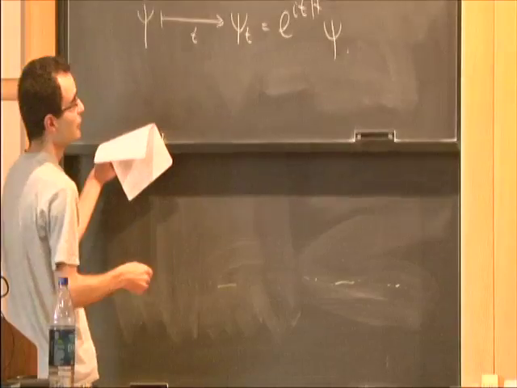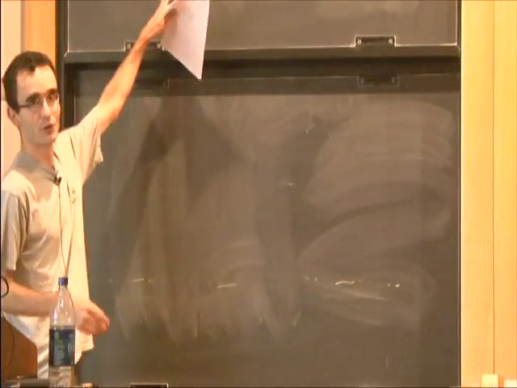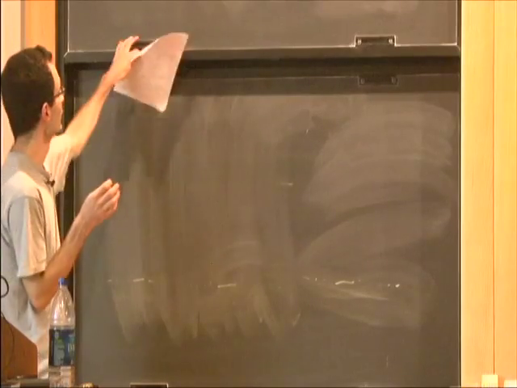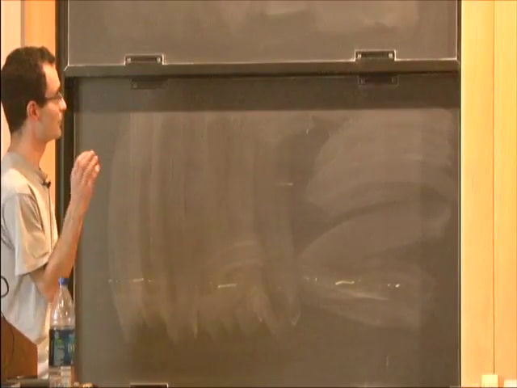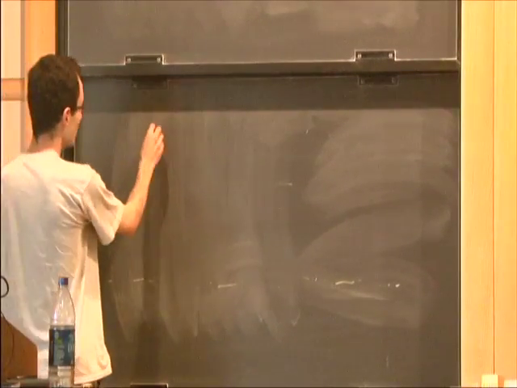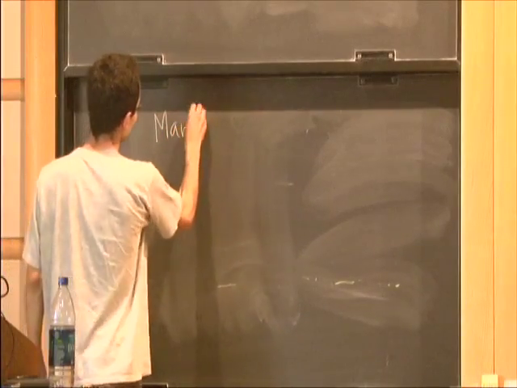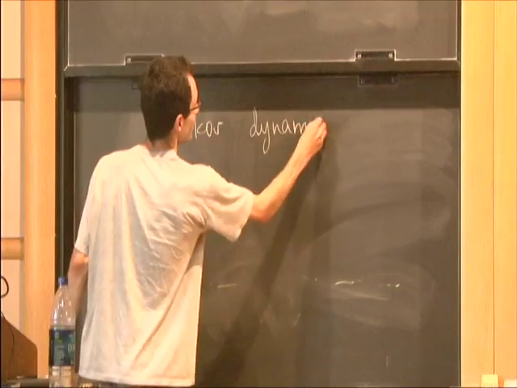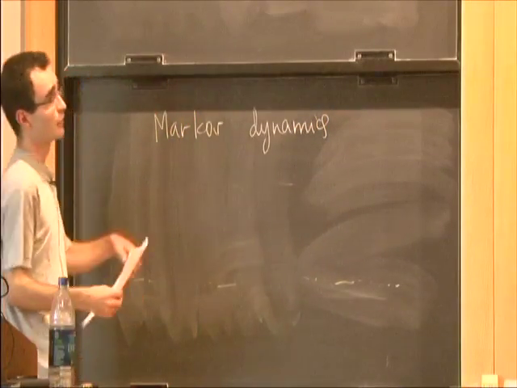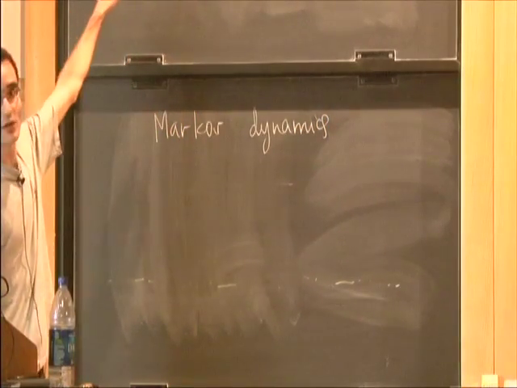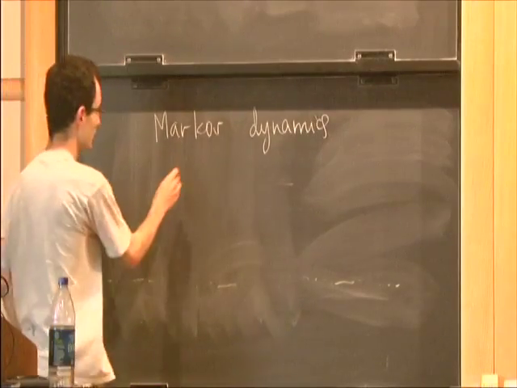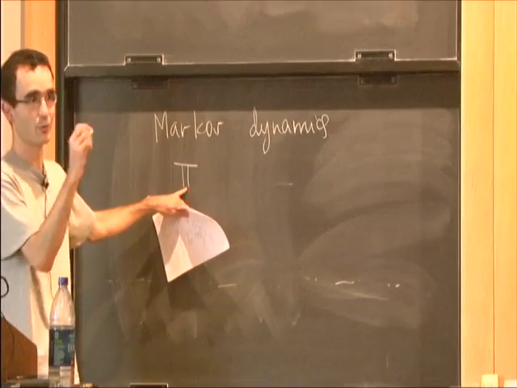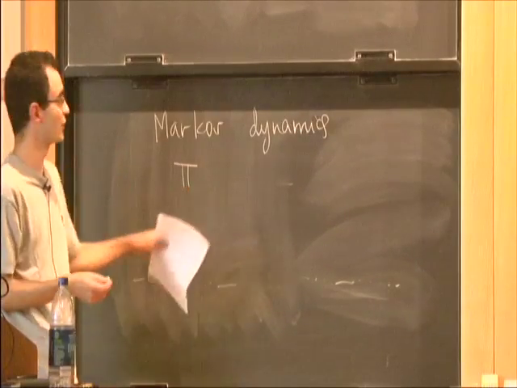So if you have never seen this object before, and if you have seen Markov dynamics, let me compare the two. Markov dynamics is the following. We have a particle which lives on the lattice, and it has some probability distribution pi, which tells us what is the probability to be at every site of the lattice.